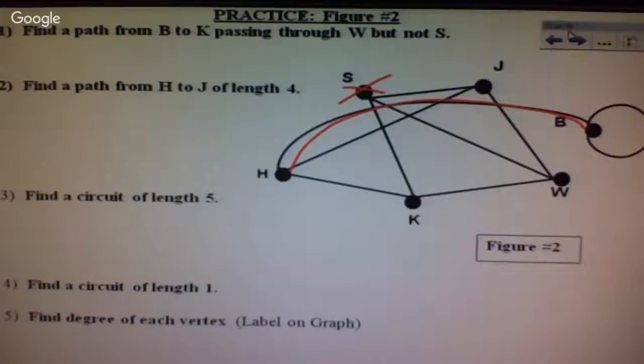Could I go back past the starting H and go to J? Uh-huh.